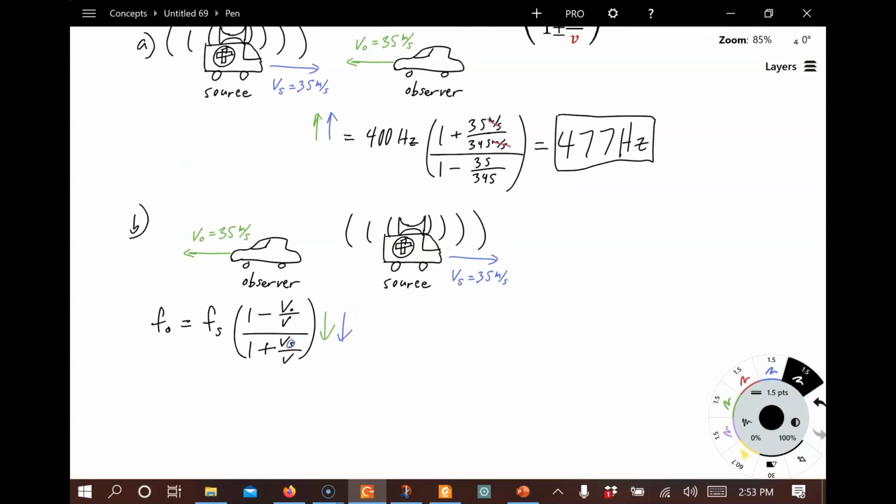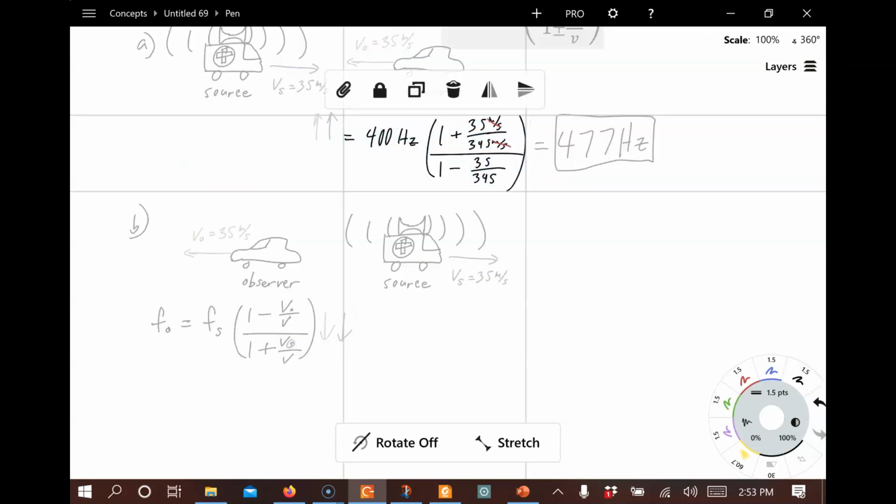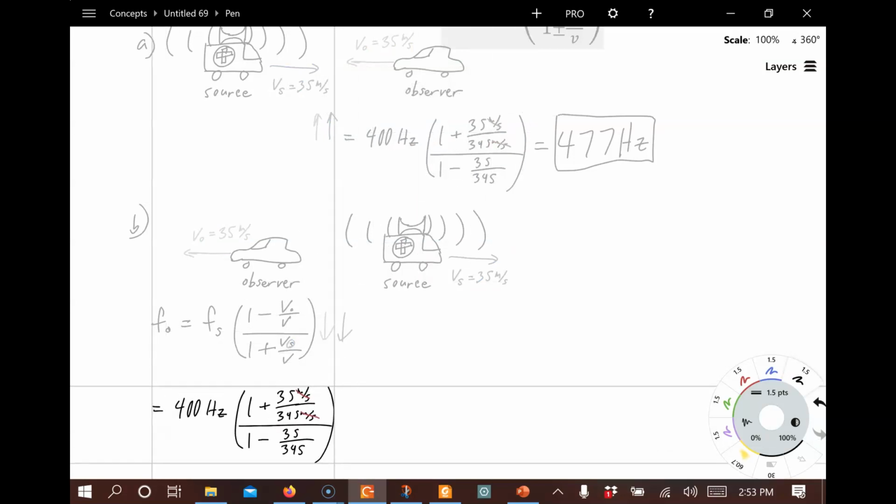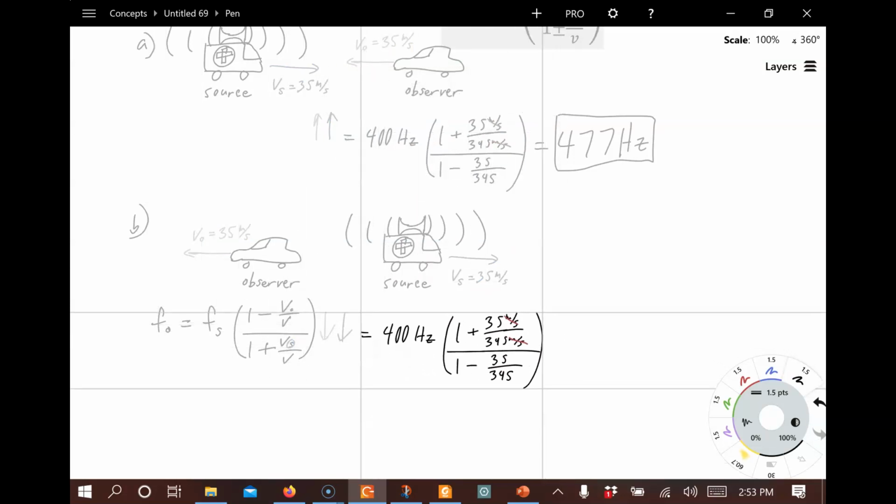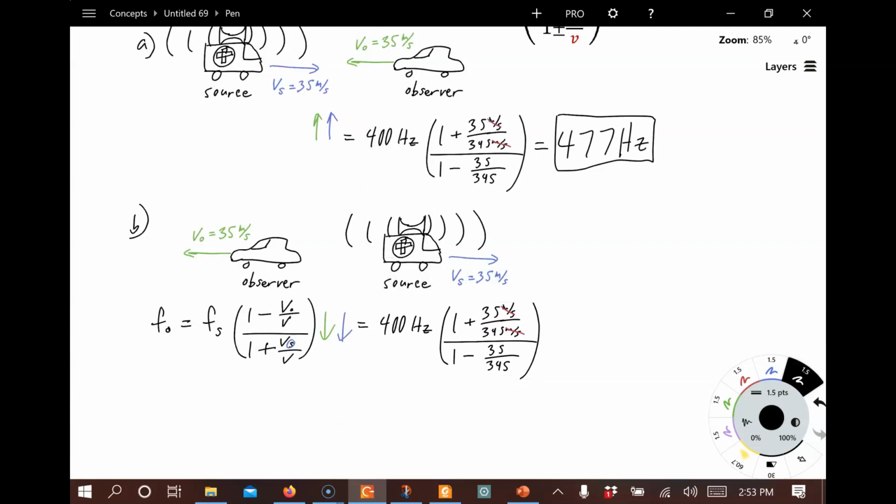So all we can do is go ahead and take this, and we can just change the plus and minus signs to be accurate because the speeds haven't changed. And we put that into the calculator, we end up with a value of 337 hertz. So in this case, both observer moving away from the source and source moving away from the observer, they both contribute to a reduction in the observed frequency heard by the observer.